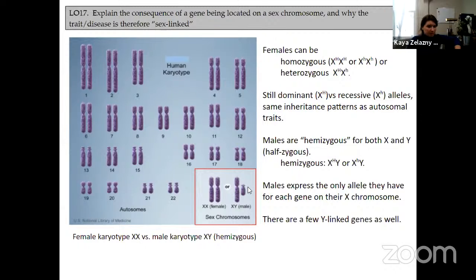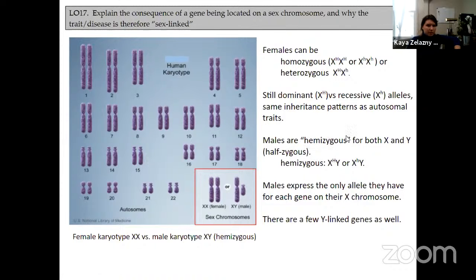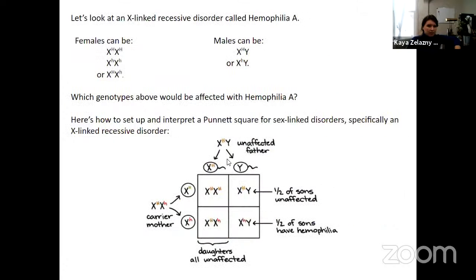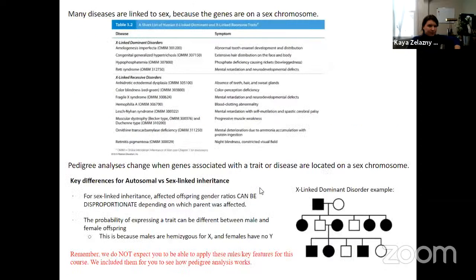So we will have different inheritance patterns in men for sex-linked or X-linked traits. And there's a lot of details in the slides about what that would look like, but don't worry about those for this semester. Right? But you could draw them out, and we can see how individuals who are XY versus individuals who are XX have a different proportion of alleles here.